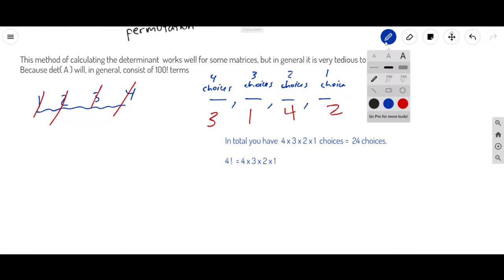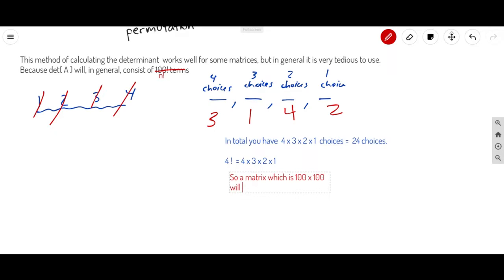So I meant to say this, going back over, if you're wondering why am I writing 100, I meant to say n factorial, but what I wanted to say is, a matrix which is 100 by 100, if you calculate its determinant by this method, you will need to use 100 factorial terms, which is a really big number.